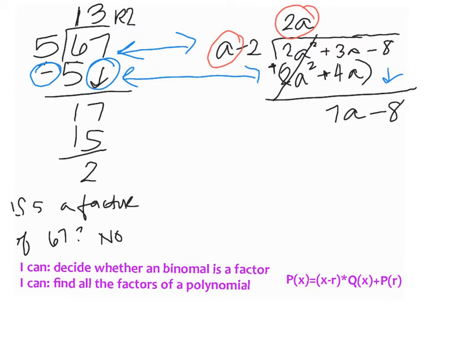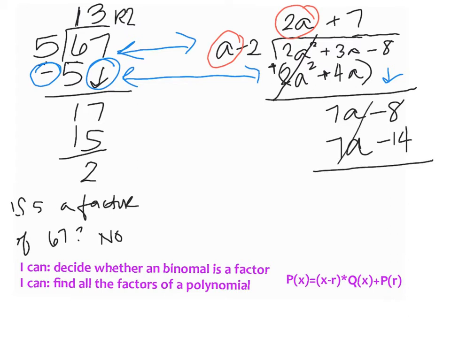Then I go over here, and I see that I need to do this again, right? Because I decided over here 5 went into 15 3 times. So how many times would I take a to get into 7a? So I'm going to put plus 7 up here. So a times 7 is 7a. And minus 2 times 7 is minus 14.